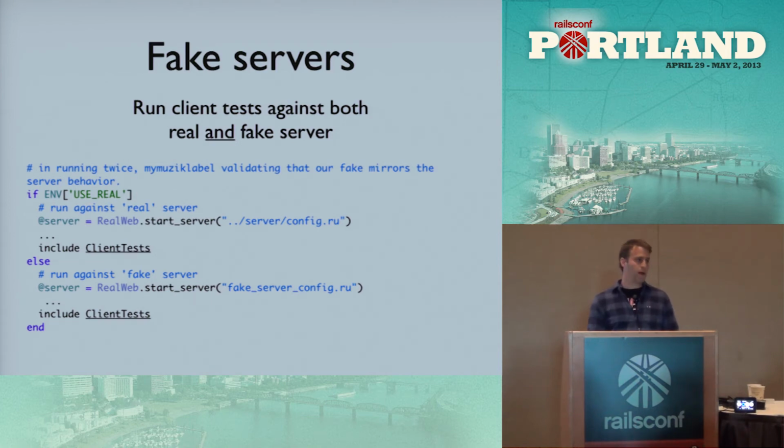And then when we push it to the CI server, we're going to use some environment variable that says, oh, you're in real mode. Run it against the sandbox, right? Run it against the real server code and make sure that everything that you're doing is actually happening like you want it to happen, right? And the beauty about this is that we'll choose to do it either against the real server or the fake server, right?